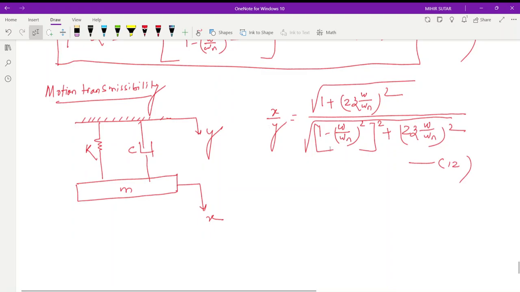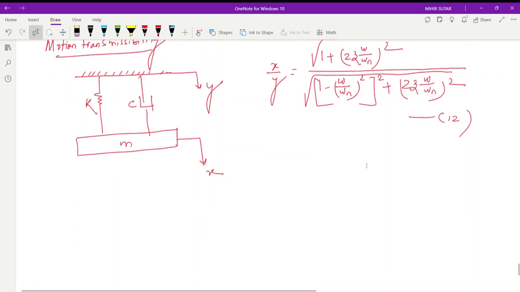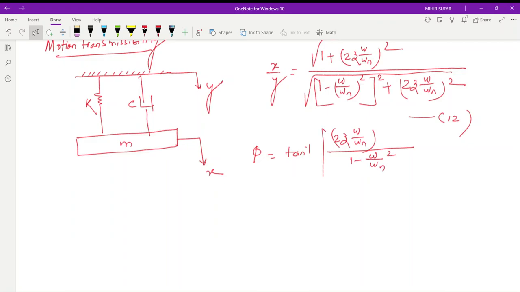Okay, the ratio of motion applied to the motion transmitted. Okay, and then the phase lag phi is given by tan inverse 2 zeta omega by omega n divided by 1 minus omega by omega n square. Okay, this is the phase lag.